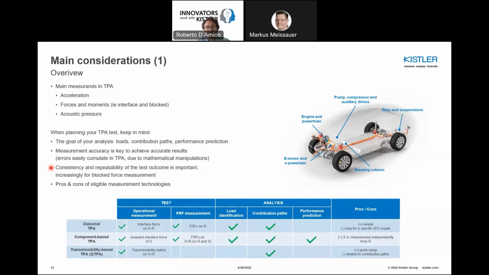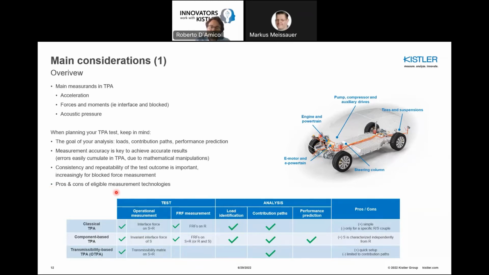It is very important to maintain a certain integrity in the accuracy of the test outcome. And finally, the last point is that when you're considering multiple measurement technologies, keep always in mind the pros and the cons, all the advantages and disadvantages you might have with such a technology.